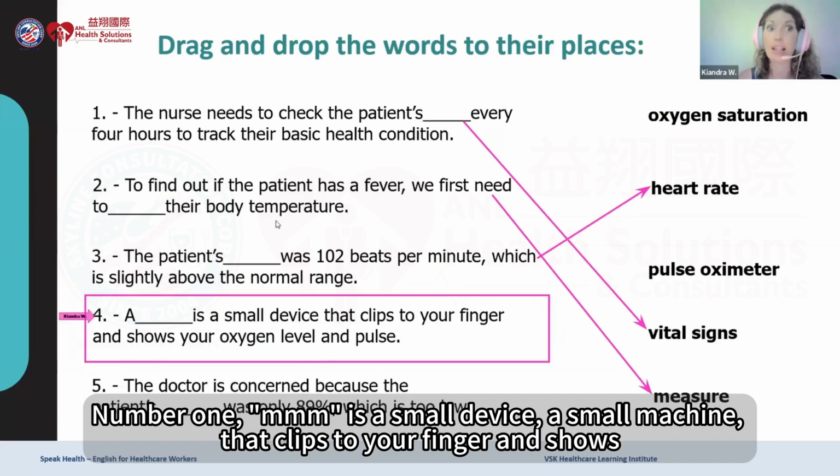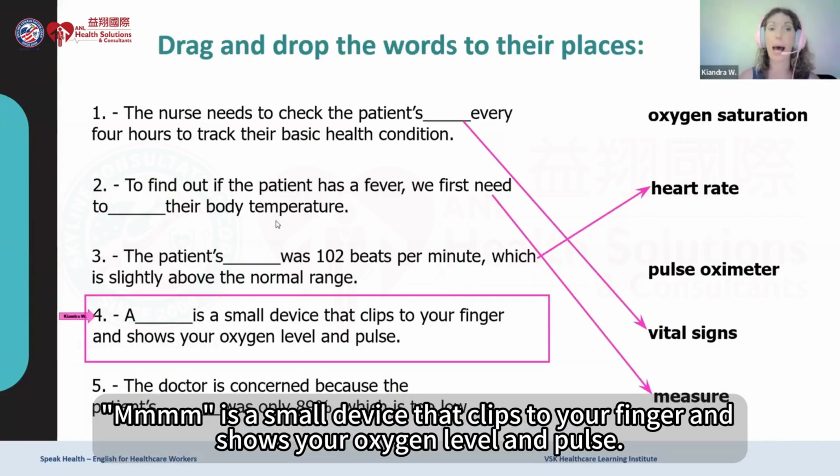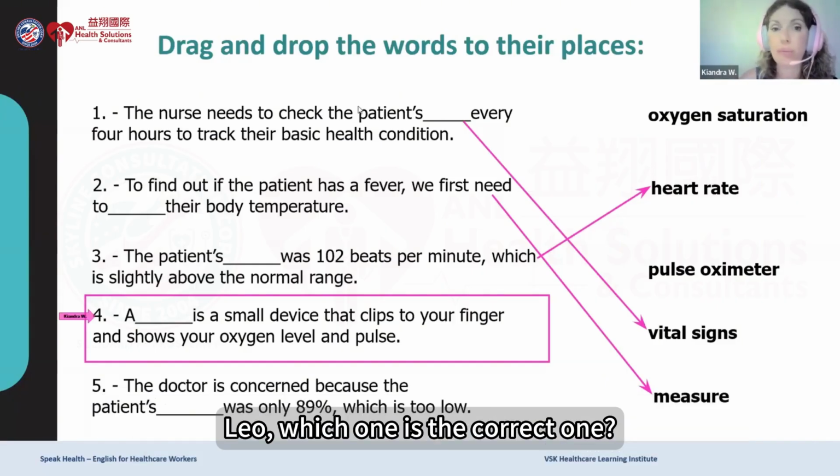Blank is a small device, a small machine that clips to your finger and shows your oxygen level and pulse. Leo, which one is the correct one?